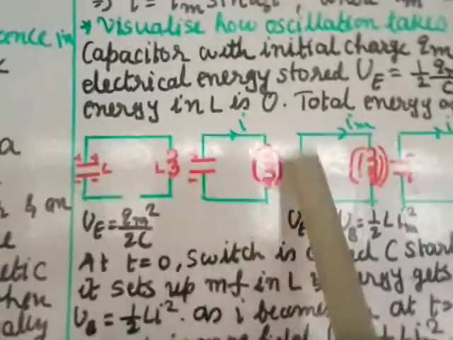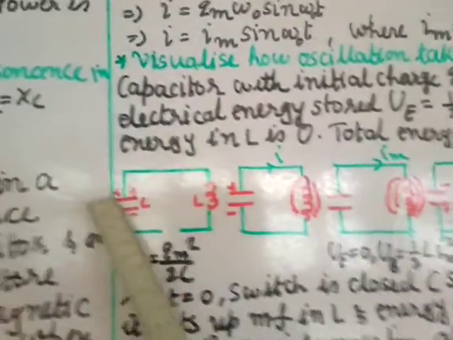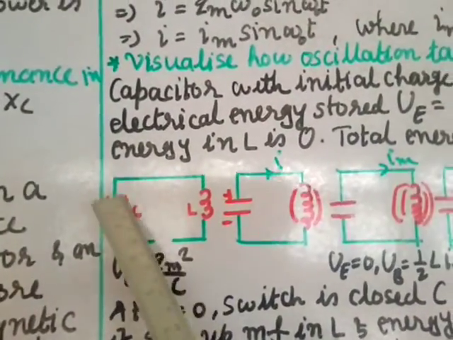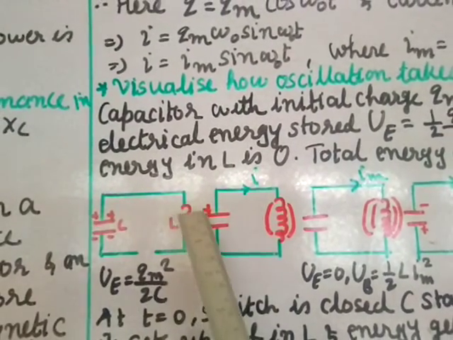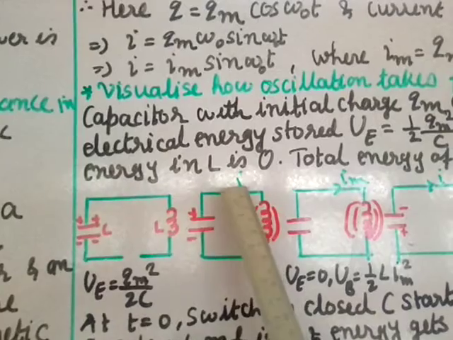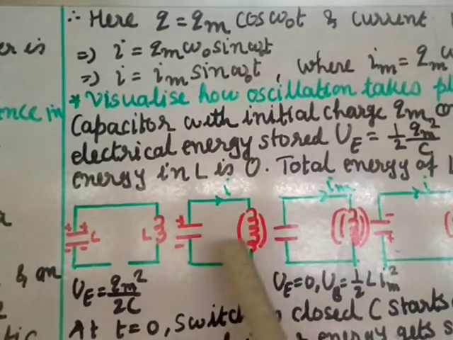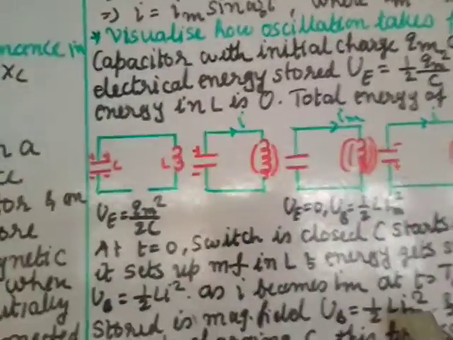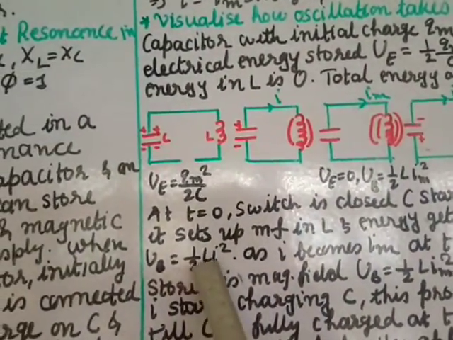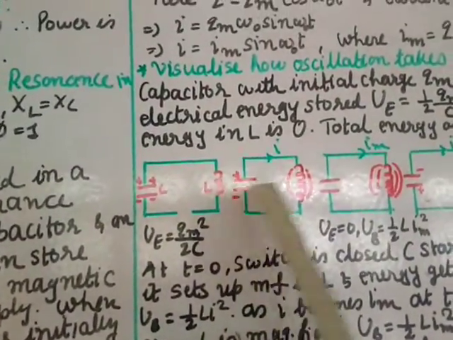Now here you can look, when you connect, I have taken first 2, but when current is starting, the charge is becoming lesser, so from 2 I have written only 1, and current I is starting and there is a magnetic field, or magnetic energy stored here, given by 1/2 Li². There is energy here also and here also.